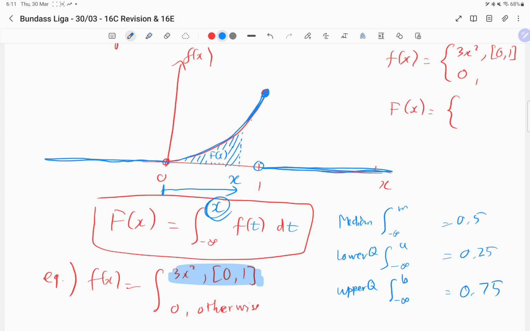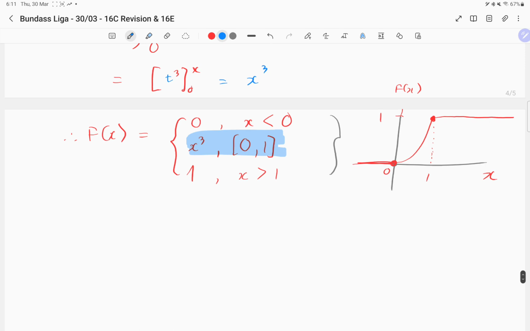So at a certain x point, let's say here, what's the area to the left of this point? It will be the entire area of this function, which is 1, plus this bit of area here, which is 0. So that's 0 plus 1 plus 0, which is still 1. Does that make sense? So for any x value after 1, the total area is everything to the left, which is 1. Does that make sense?